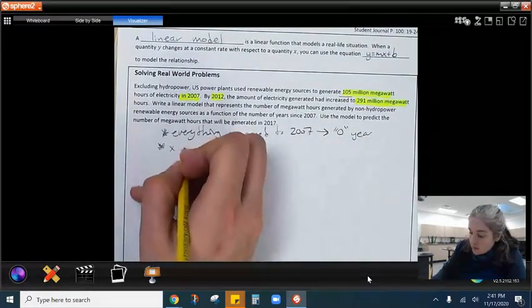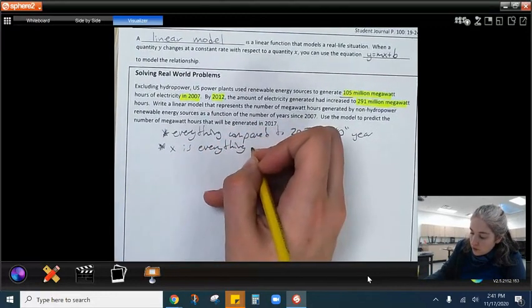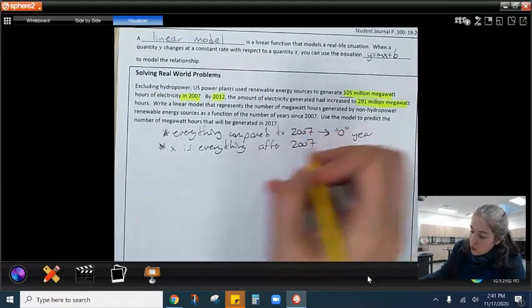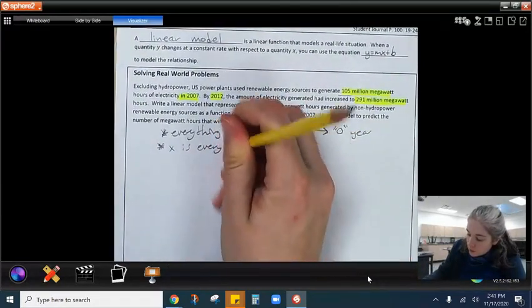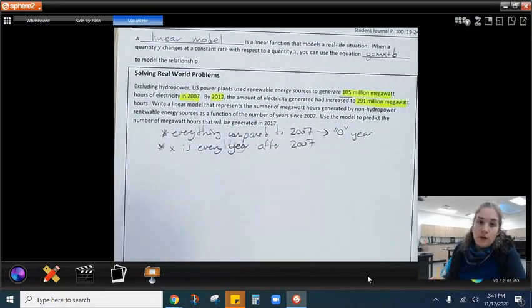X is every year after 2007. So if X is 1, that means it's 1 year after 2007. If X is 10, then it's 10 years after 2007. If it's 100, then it's 100 years after 2007.